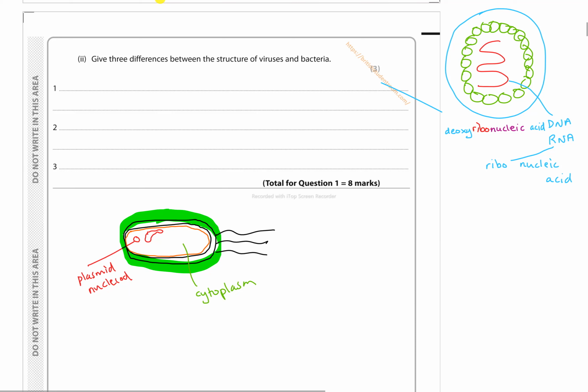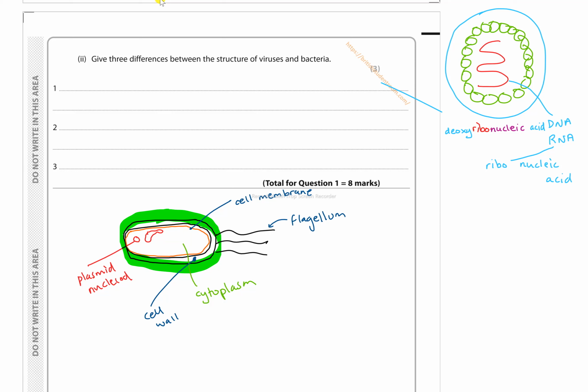You have a cell wall, cell membrane, and flagellum. Right, that's what you got.